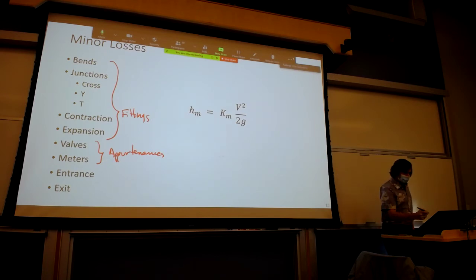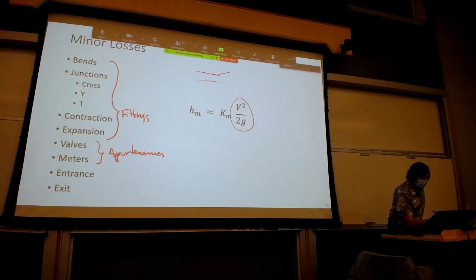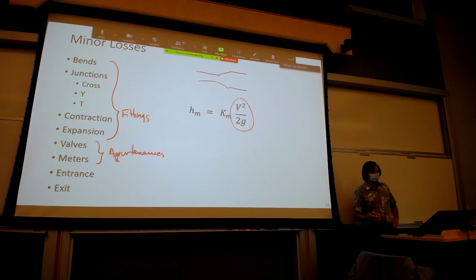So what we have is the velocity head. And the one issue that you're going to face on the exam, you're going to have the deer in the headlights moment. Think of the expansion. If flow is going from left to right, it's an expansion. If flow is right to left, it's a contraction.